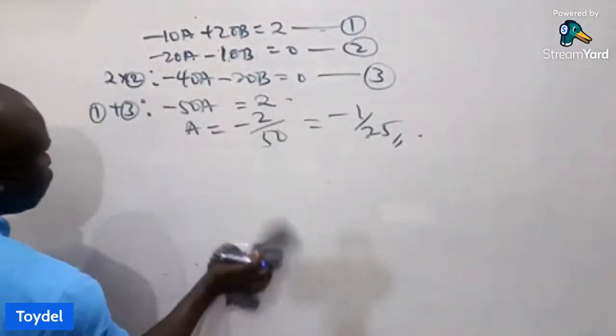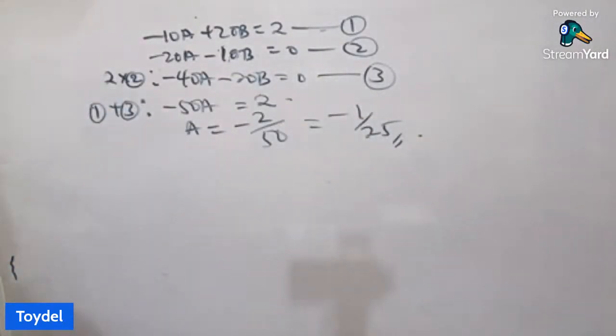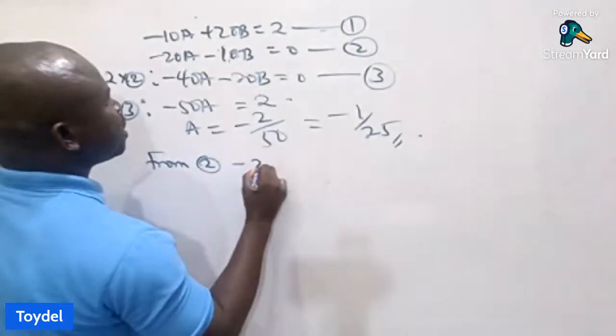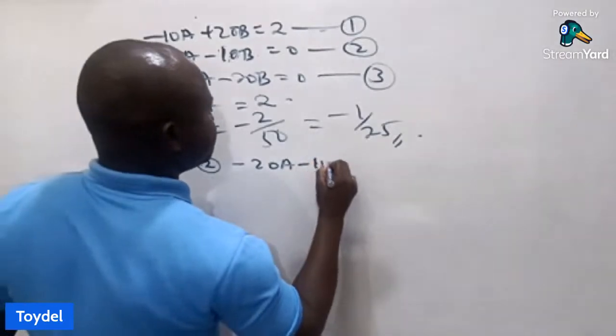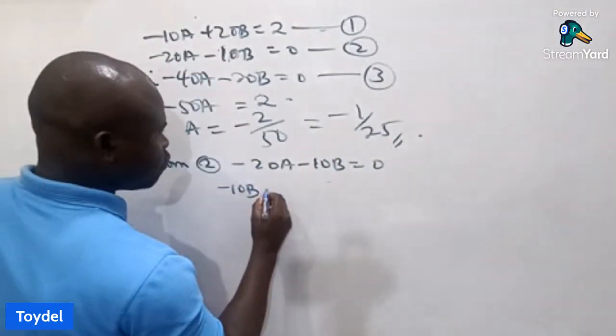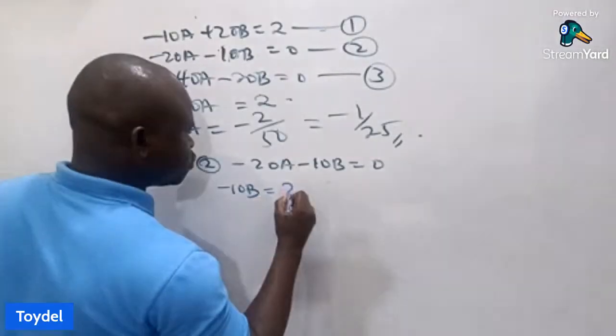So once I know the value of a, I can go ahead and find the value of b. From equation 2, minus 20a minus 10b is equal to 0. So minus 10b will be equal to 20a.